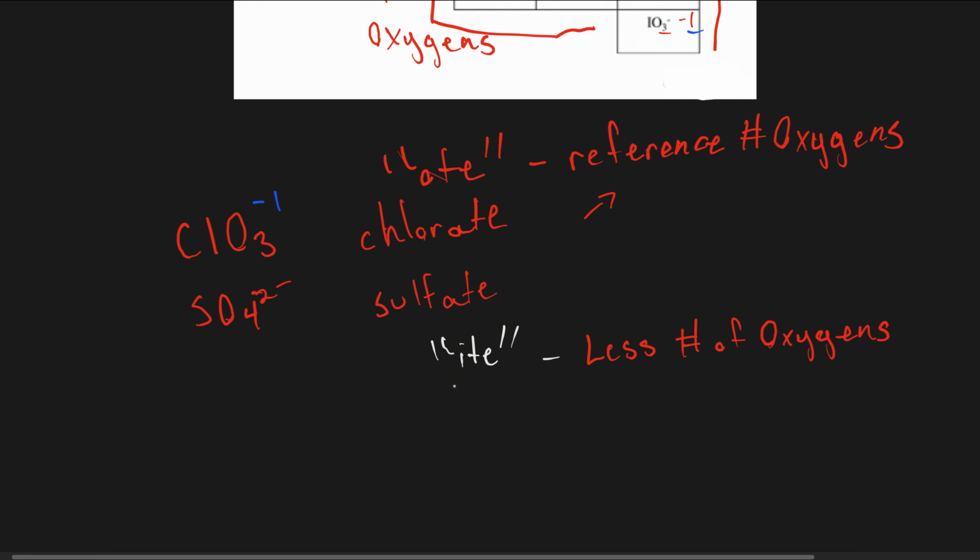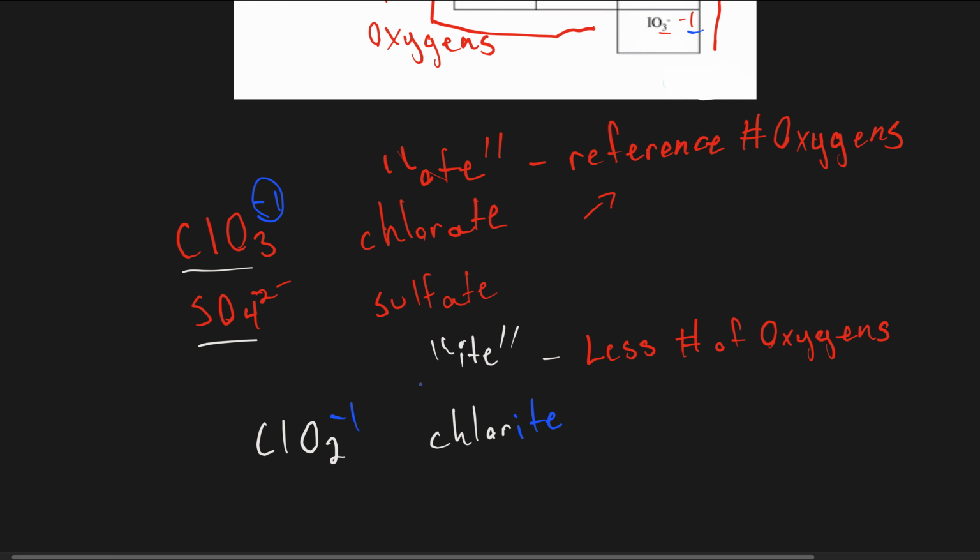Now, what happens to the charge when we change the oxygen numbers within the polyatomic ion? The charge we saw over here is -1, and it will still continue to be -1. The charge never changes. When we add or subtract oxygens to the polyatomic ion, the charge always remains the same.